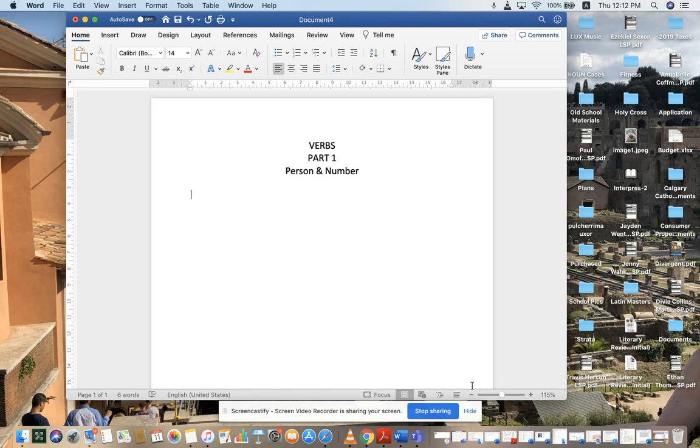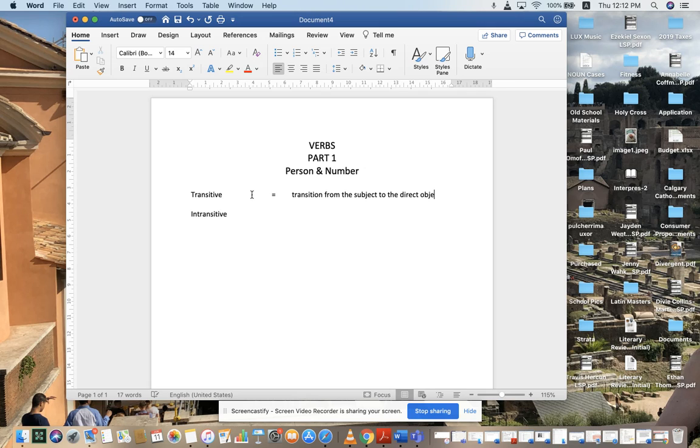We call these transitive and intransitive verbs. If you think about the word transit, to go across something, to traverse, pretty much any transitive verb is a verb that will transition, hence transitive, from the subject to the direct object.